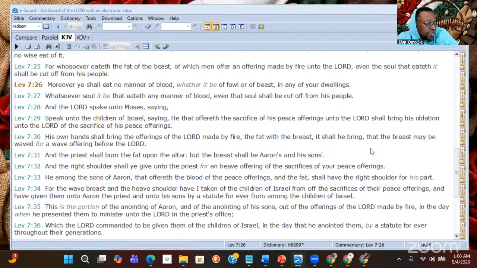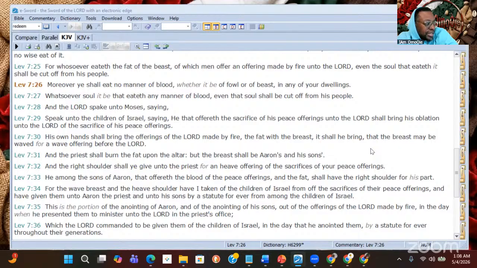For the wave breast and the heave shoulder have I taken of the children of Israel from off the sacrifices, the zebach, of their peace offerings, and have given them unto Aharon the Kohen and unto his sons by a statute forever from among the children of Israel.